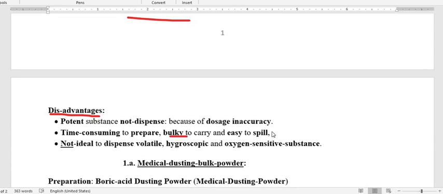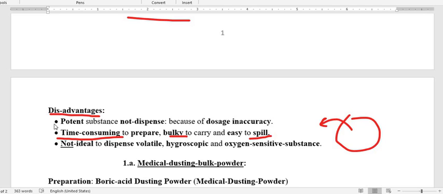And when you carry it in a packet, it is easy to spill. So this is another important point: the bulky disadvantage, easy to spill when you are opening it, and compounding or preparation is time consuming. So this is important.